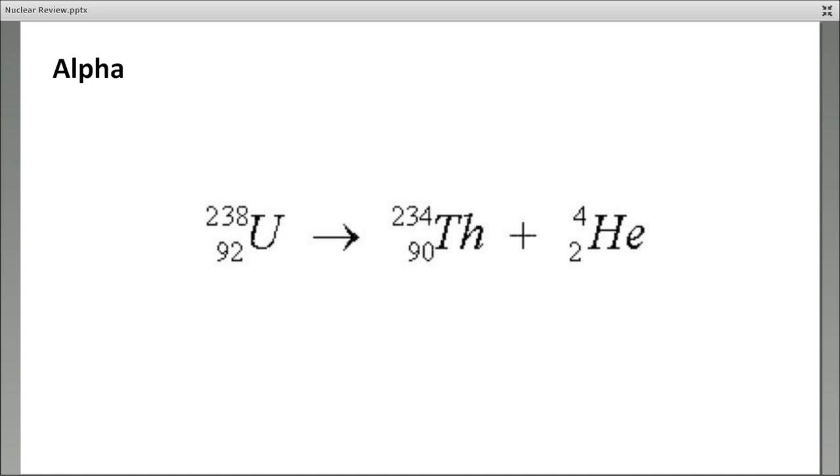So these are our different types of nuclear radiation that we can see. Here's what's going on in alpha. You see it's producing this helium. With these little formulas, there's a couple things that you need to know. This number right here, that top one, is the mass number for the element.